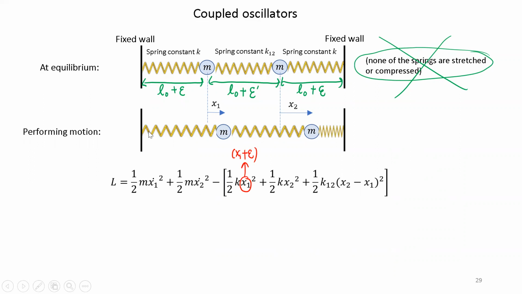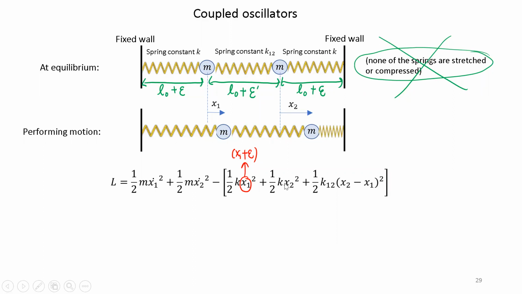Because I'm talking about the total, the amount of stretching in this spring is not just x1, it would be x1 plus the original stretching epsilon. So this one becomes x1 plus epsilon.